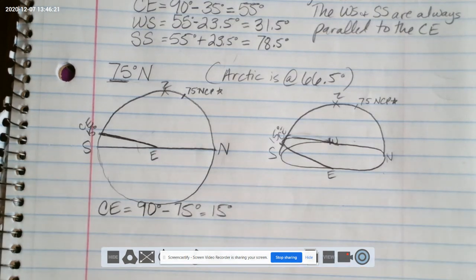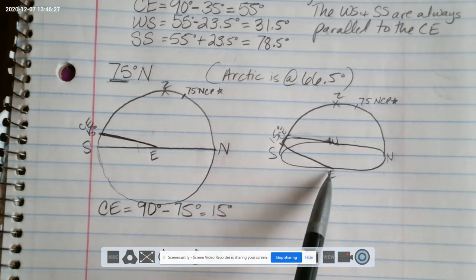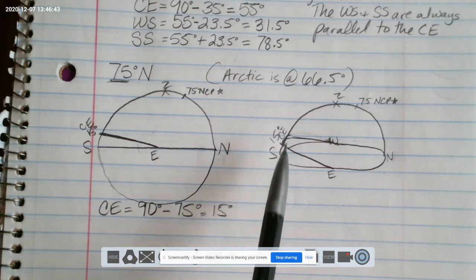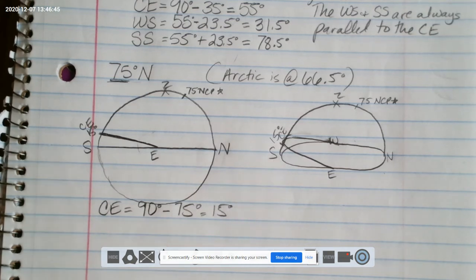So notice above the Arctic Circle, we're way up there. We're at the top of the Earth. The sun on the spring and fall equinox only gets 15 degrees above the horizon. That's so low, meaning even on the spring equinox and the autumn or fall equinox, the sun is only 2.5 fists above the horizon if you were to use that method.